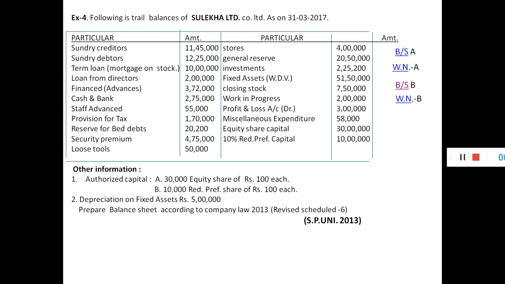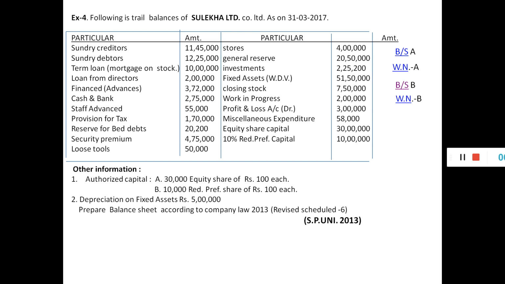Go to other side, stores will be shown in the balance sheet under the note of 17. Note number 17 is inventories. General reserves will be shown under the note of 2, reserve and surplus.